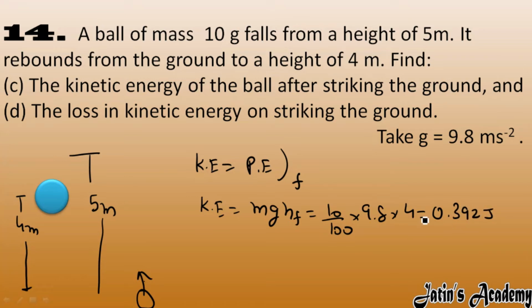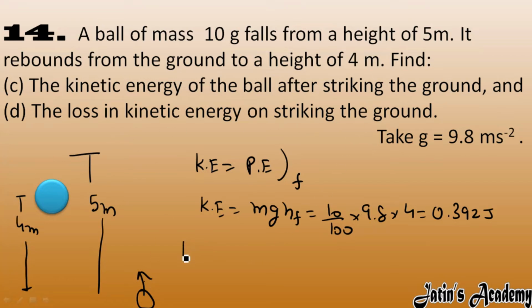So this is the potential energy, or the energy at which the ball is raised, and this is actually the kinetic energy when it strikes and bounces back. So this ball is initially having kinetic energy, and this kinetic energy is actually converted into potential energy. So here I can write that whatever potential energy we are getting is just the kinetic energy at this point. Now we have to calculate the loss in kinetic energy.